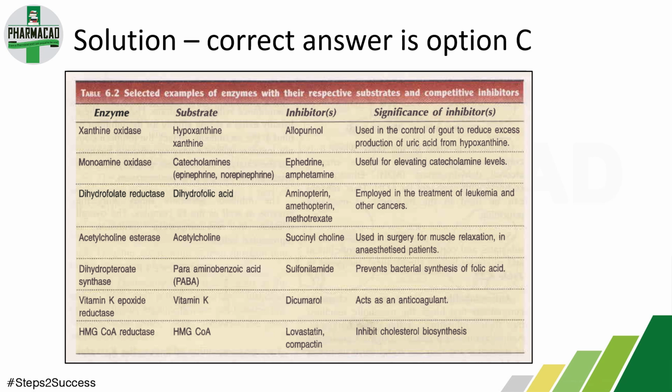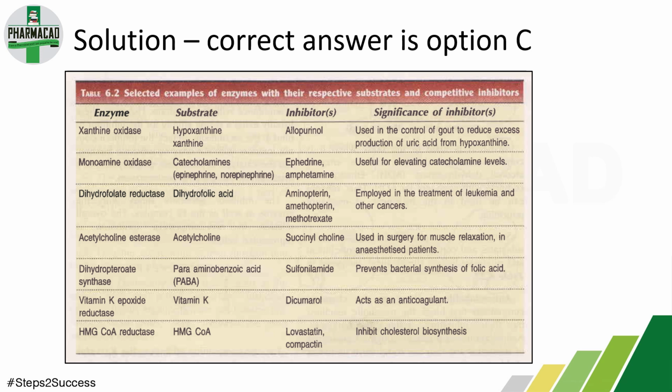Every enzyme has its unique substrate and unique inhibitor. The enzyme monoamine oxidase has the substrate catecholamines. Catecholamines like epinephrine and norepinephrine, which have the catechol moiety, get degraded by monoamine oxidase. As we know, a catecholamine is a compound in which the catechol moiety is attached to an NH2 moiety or NH group, and when that nitrogen is oxidized with the help of the enzyme monoamine oxidase, it gets degraded.